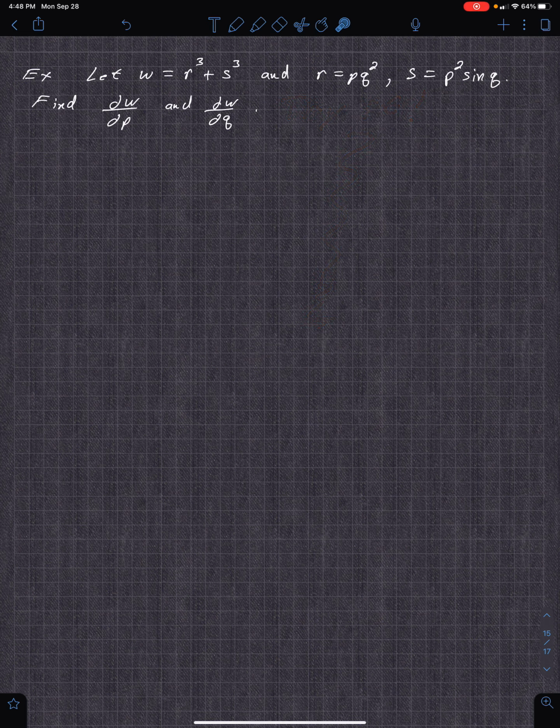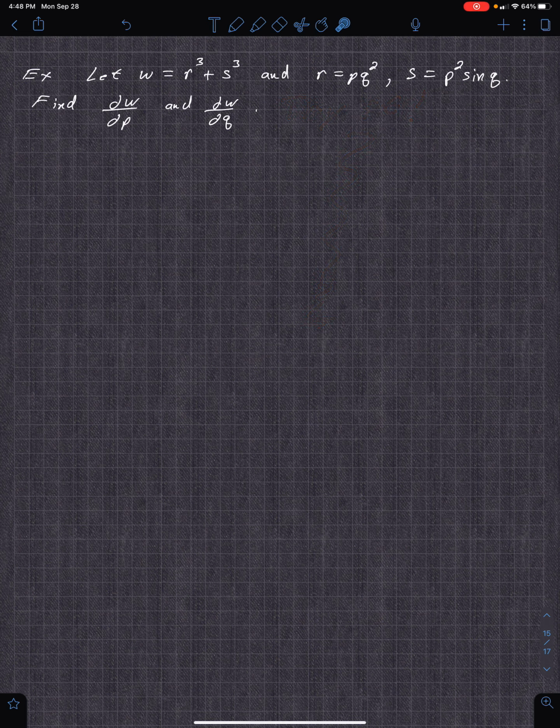Well, we're going to p, so now you got to hit each one of these with respect to p. Oops, I messed it up. Not p. r, and then partial r with respect to p, plus partial the whole thing w with respect to the next one. Got to hit each one. With respect to s, and then partial s with respect to p.